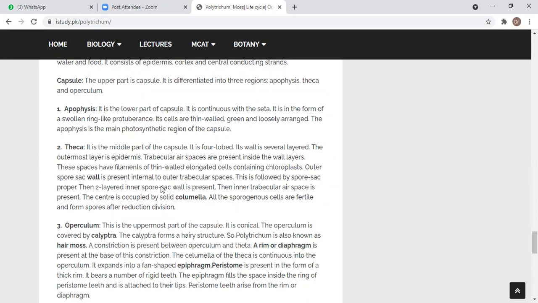On either side of this spore sac, we see the presence of air spaces.